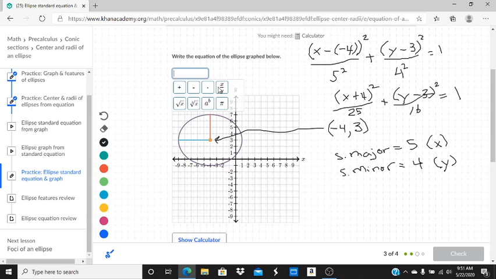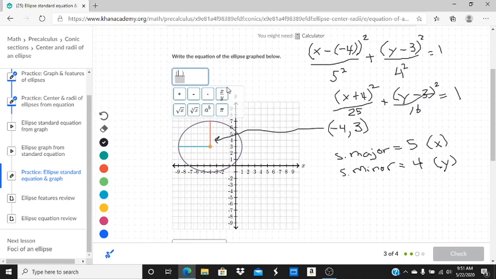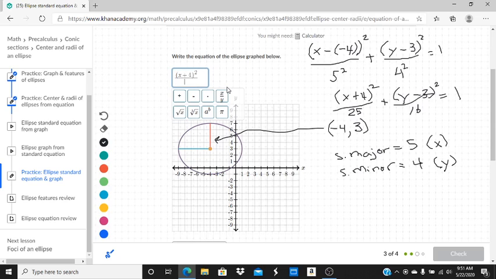Okay, let's put that in. So x plus 4 squared over 25 plus y minus 3 squared, oh, I forgot to do that, divided by 16 equals 1.